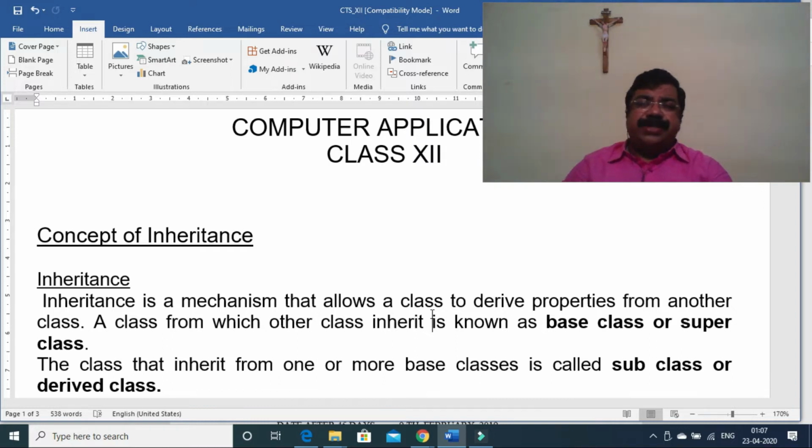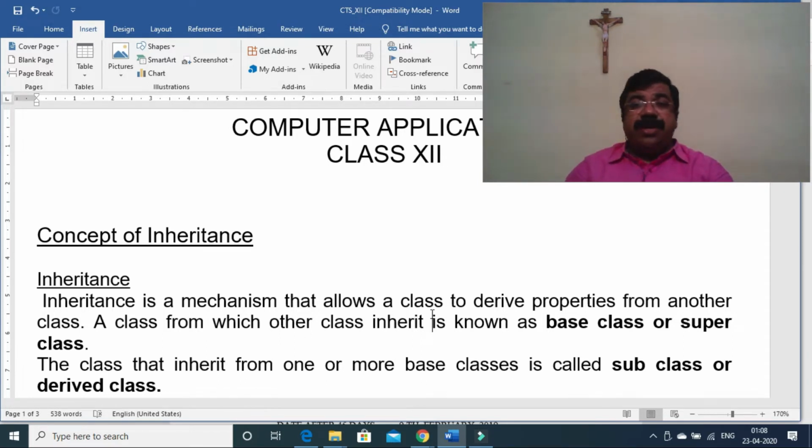where the father is the base class and the son is the derived class. You know the characteristics the father has. Maybe the parents have a good height. Sometimes they have a balding head, or they may have a different complexion. These qualities, these characteristics, may go to the next generation.